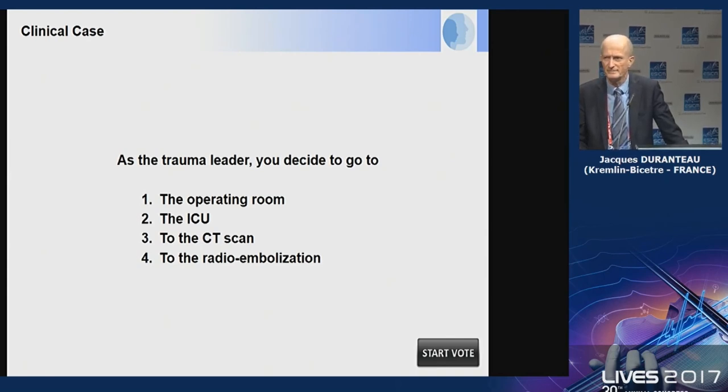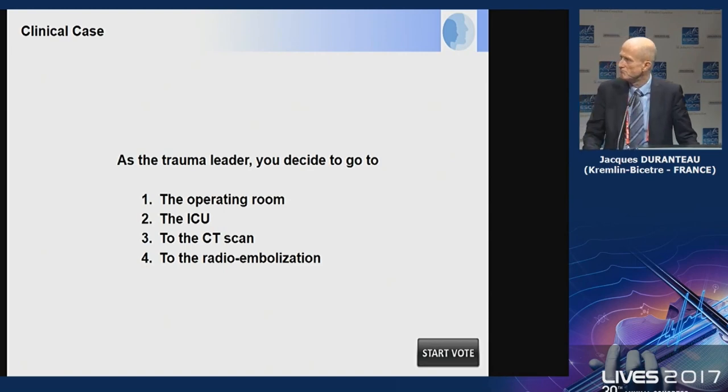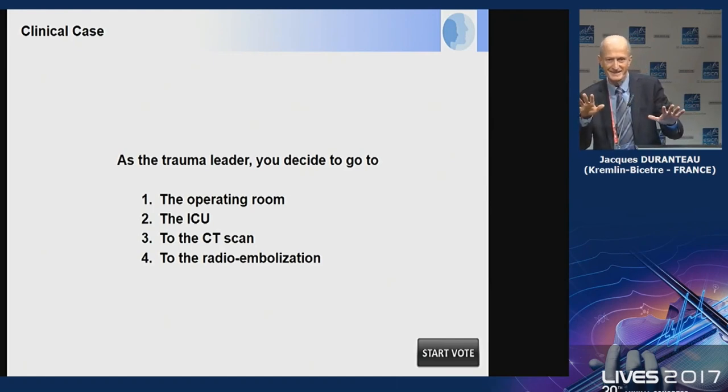CT scan? And what about IR, interventional radiology? No. Okay, so there's a small group of people that think the patient should go directly to the operating room, but most people think the patient should go to CT scan. Yes, but it was practically equal between the operating room and the CT scan.